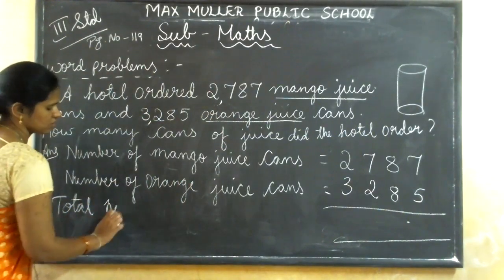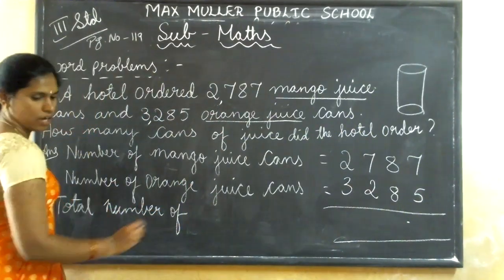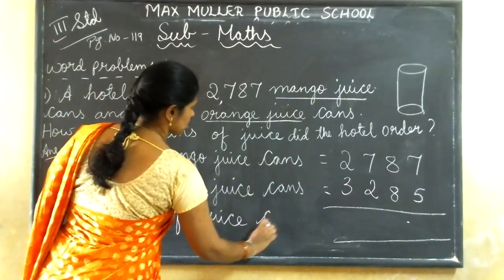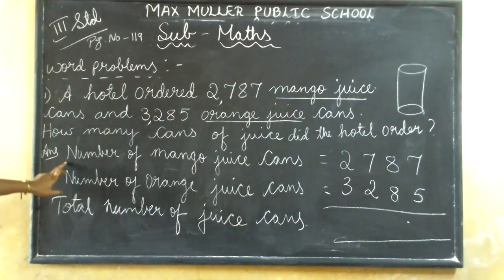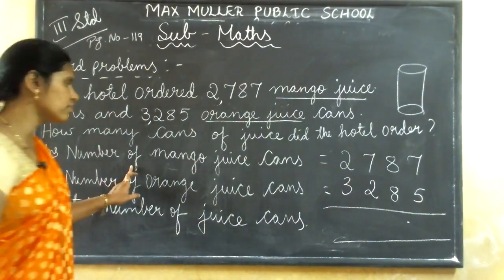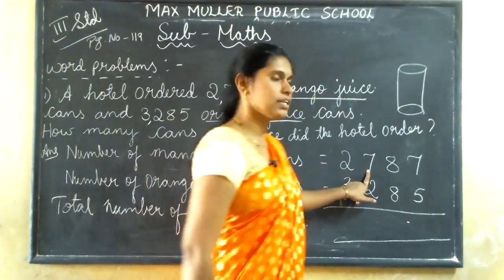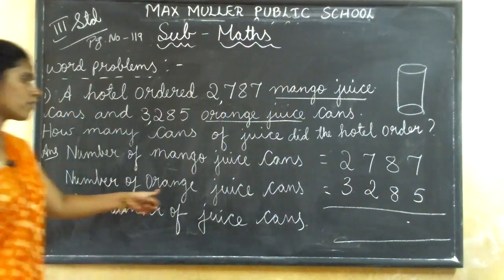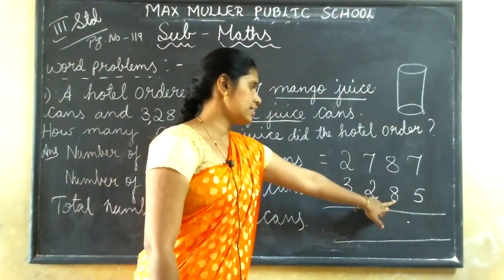Total number of juice cans. So total number of juice cans. So first one, what they have given, number of mango juice cans is 2787. Next one, number of orange juice cans is 3285.